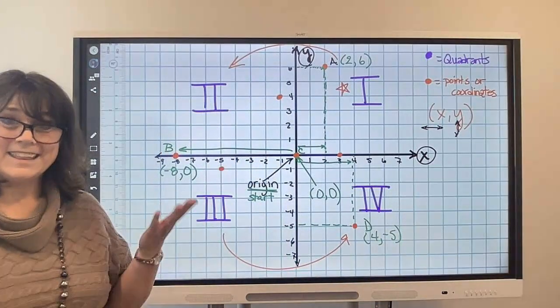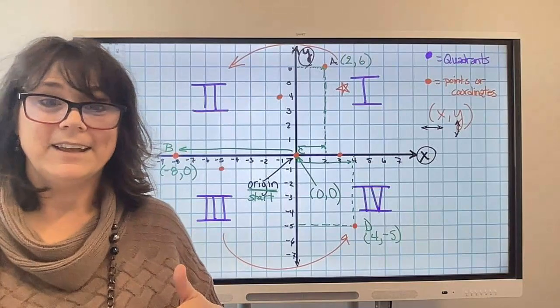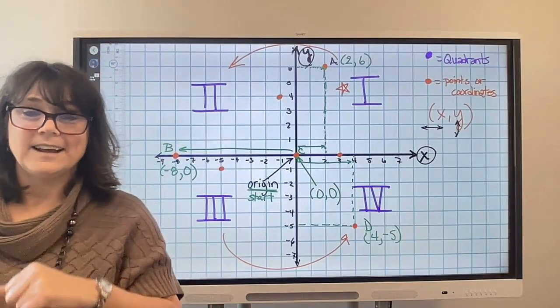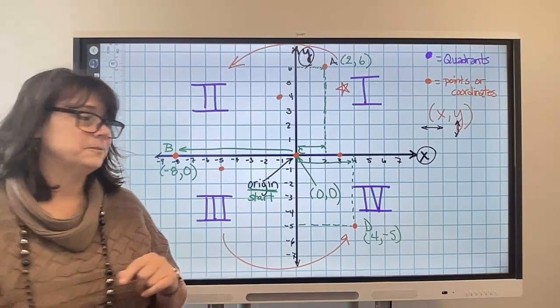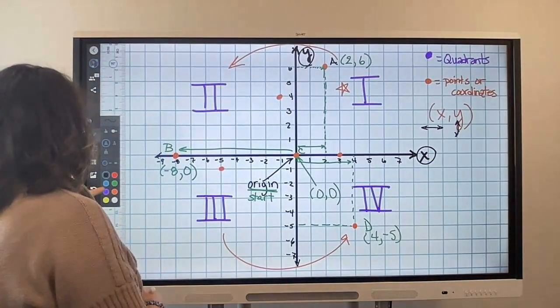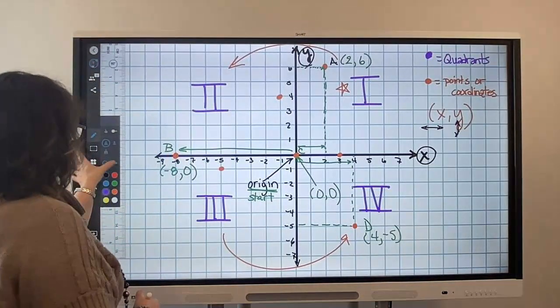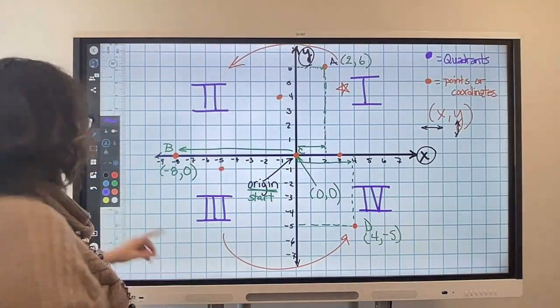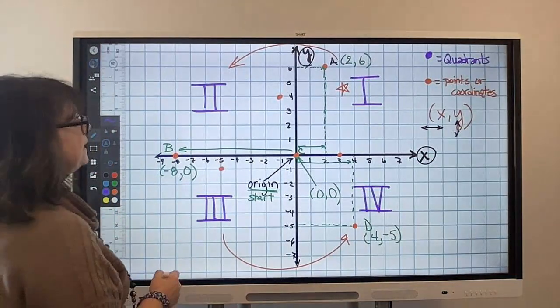All right, getting the hang of it? I love it. So here's an extra credit opportunity for you. If you send me a message and you identify the remaining points, let's label those right now.